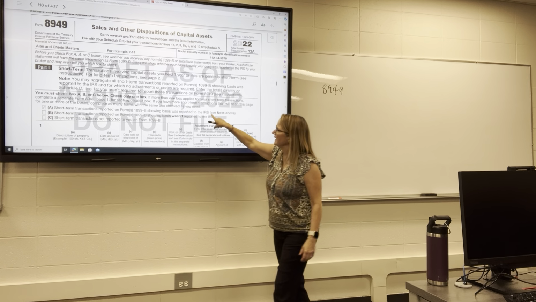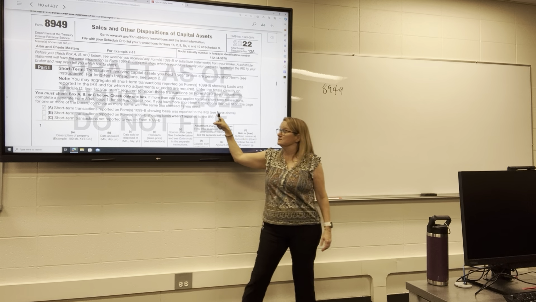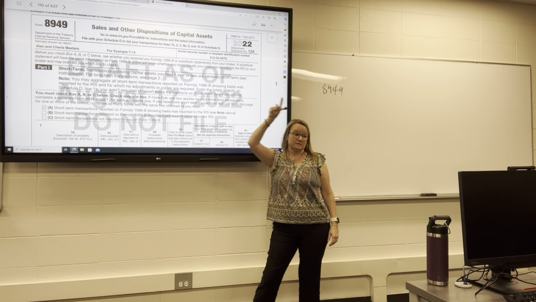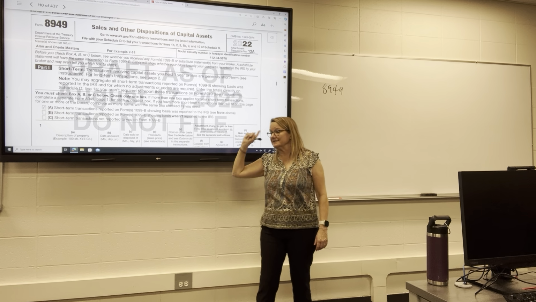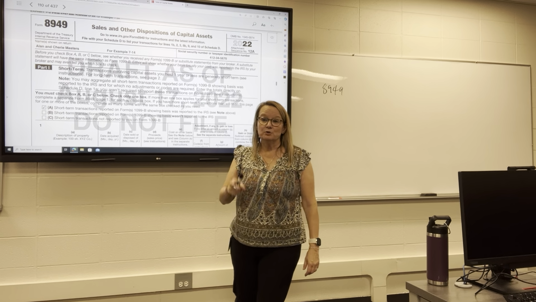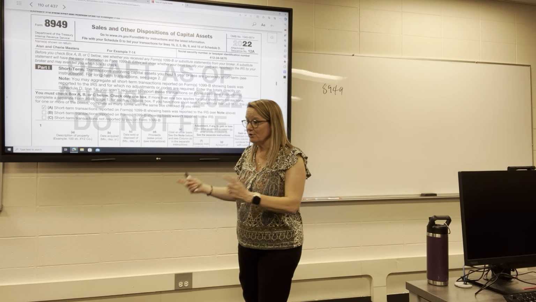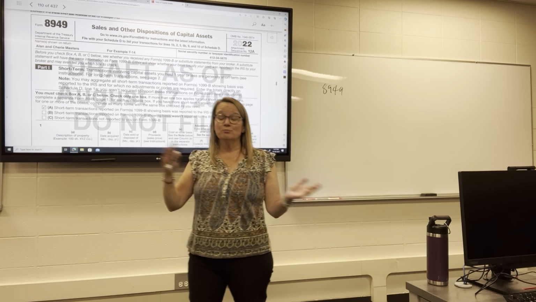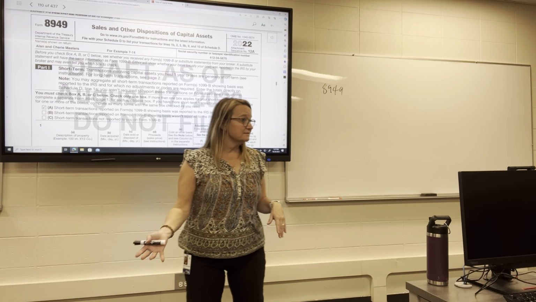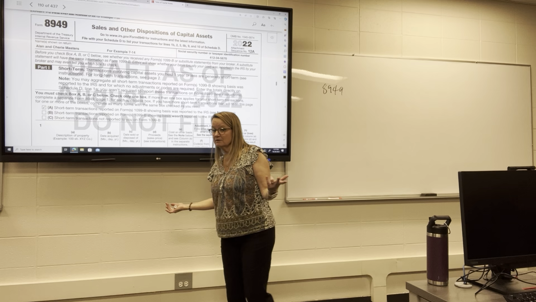Reported on a 1099-B that had the basis. It's also possible you can have a 1099-B that doesn't show the basis. If you transferred assets from one broker to another, and the new broker didn't get the original basis, they're not gonna have that information, right?